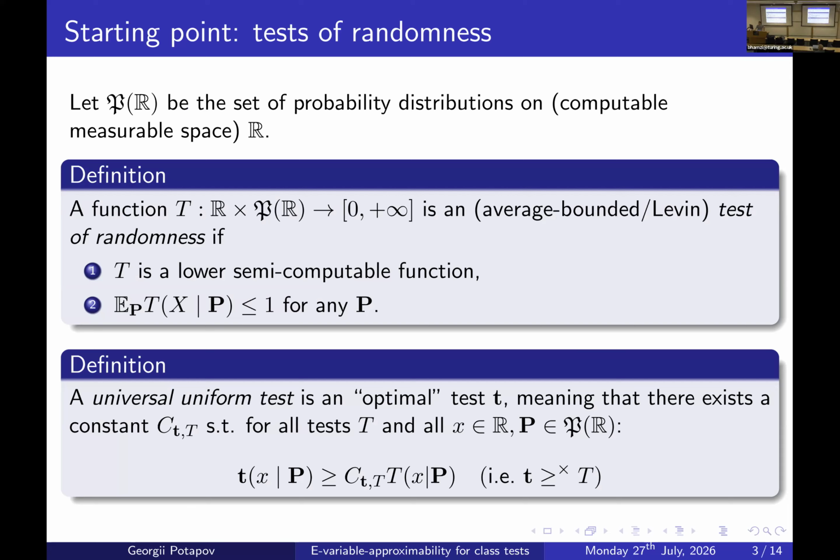Just to remind definitions, we will only consider average-bounded tests. A test of randomness is just a lower semi-computable function that takes values in the range from 0 to plus infinity and is at most 1 on average whenever its second argument agrees with the probability distribution.